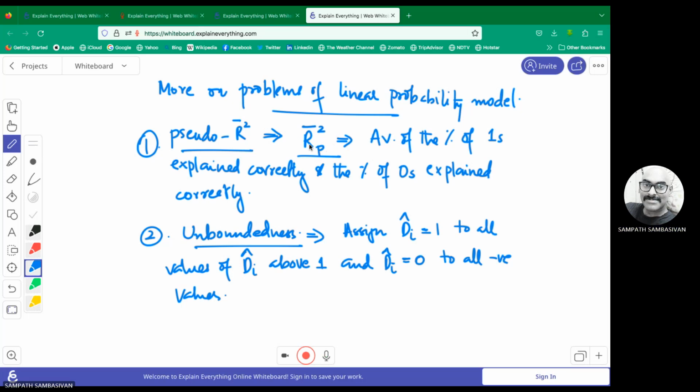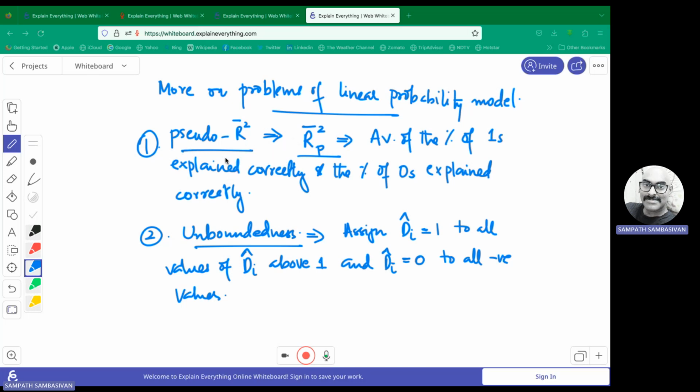This is usually represented as R squared P. Usually when we see the regression results of a linear probability model, along with adjusted R square, you will also see another measure written there, which is R squared P, which is nothing but the pseudo R square.